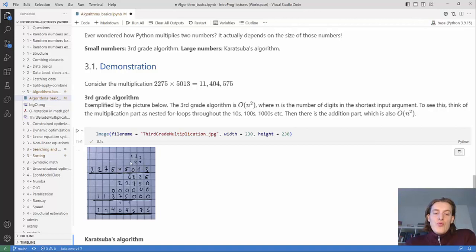So you loop through all the elements in here, and for each element here, you loop through all the elements in here. Which becomes n squared, because it's 2 loops.